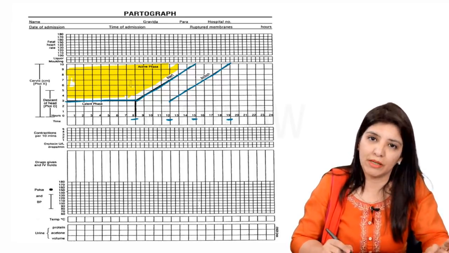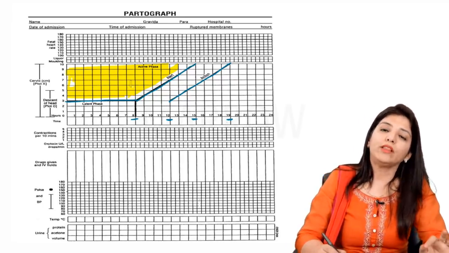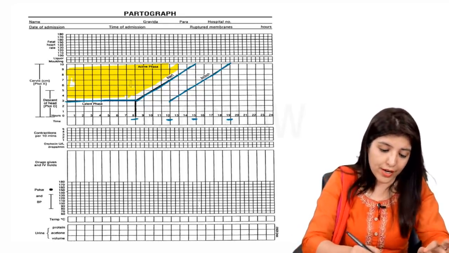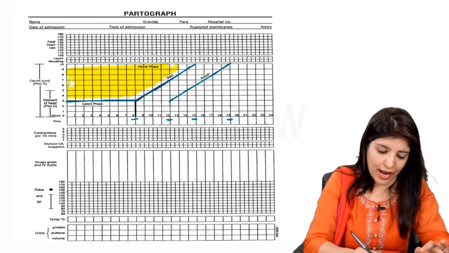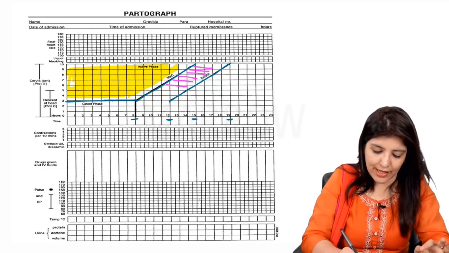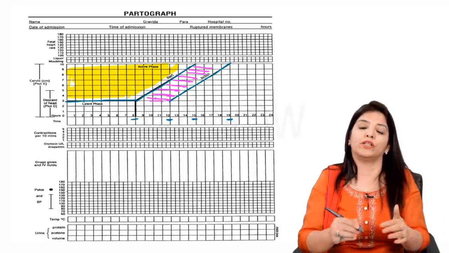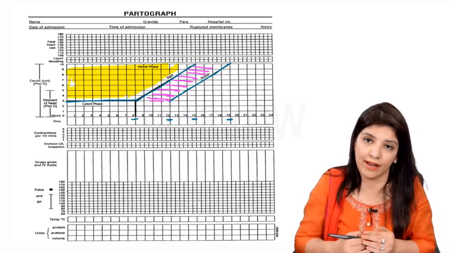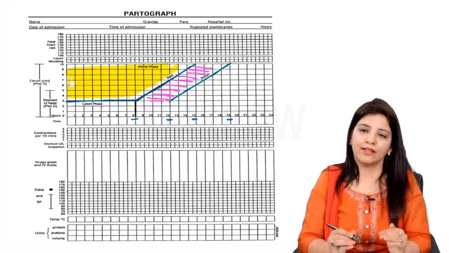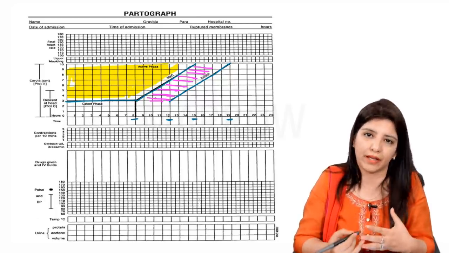progressing normally. Right? When the progress of the patient touches the alert line or it lies towards the right of alert line, that means now the obstetrician should get alerted that something wrong is happening.